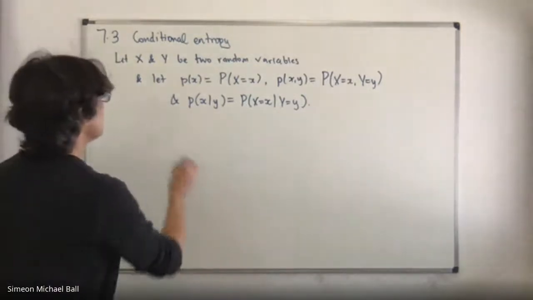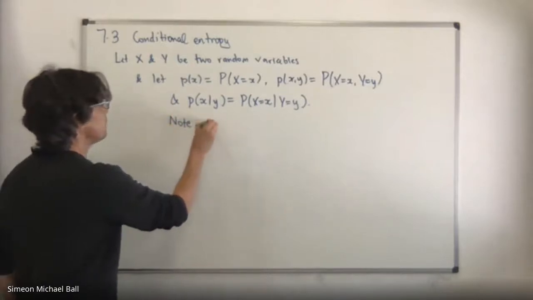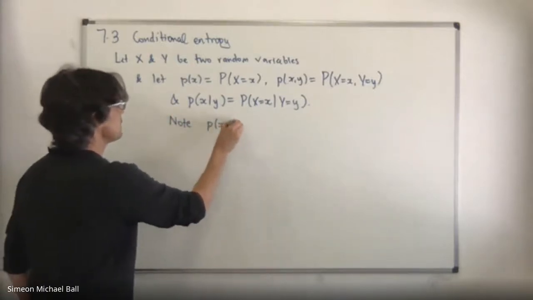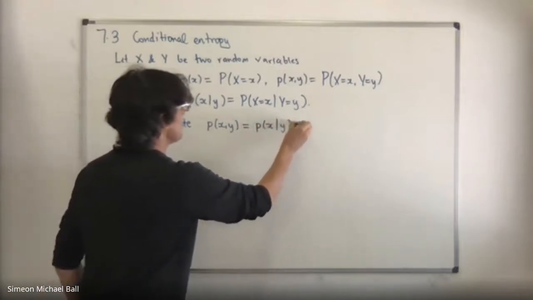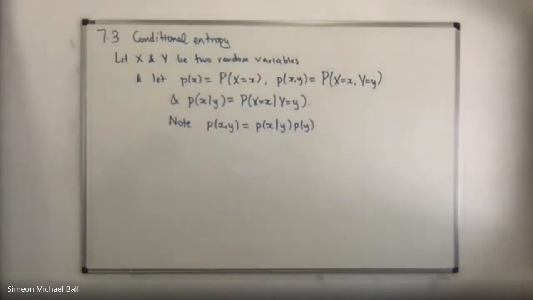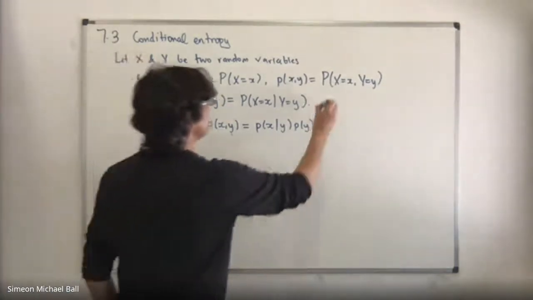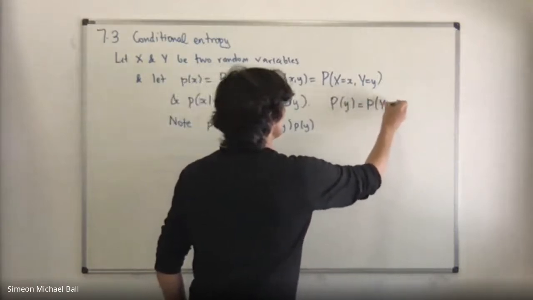So observe that P of x, y in this notation is P of x given y times P of y. I'm also supposing that P of y is the probability y is y.